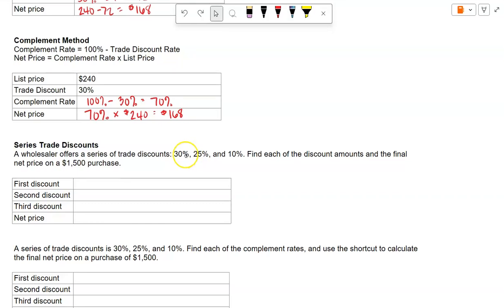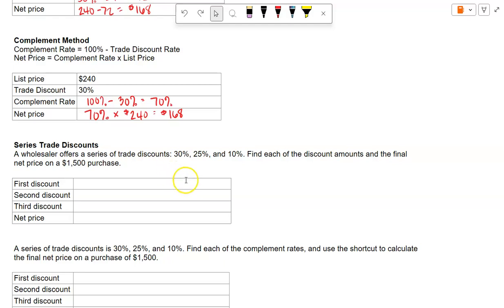It's first 30% off of $1,500. That gives you your first net price, and then it's 25% off of your first net price, and then 10% off of your second net price. It's not just adding 30 plus 25 plus 10% and multiplying that by the 1,500. You have to do them in increments.